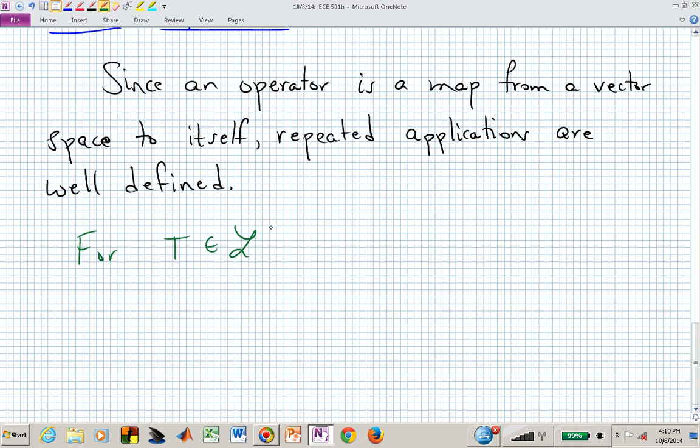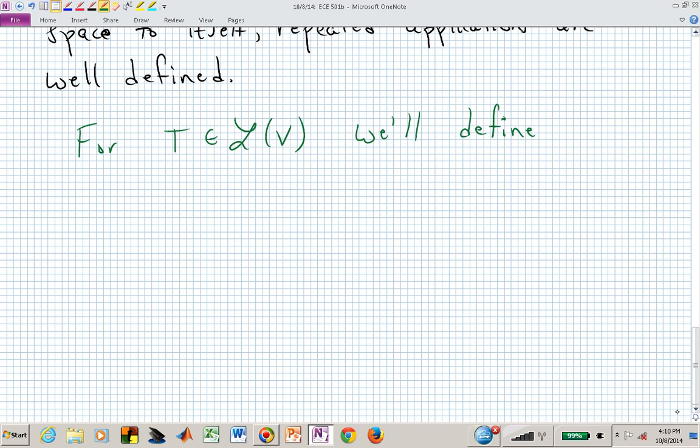For T being a linear operator on this vector space V, we can define some specific notation. For example, T raised to the m power is shorthand for T applied to T applied to T, m times.